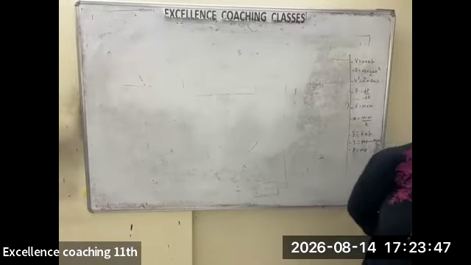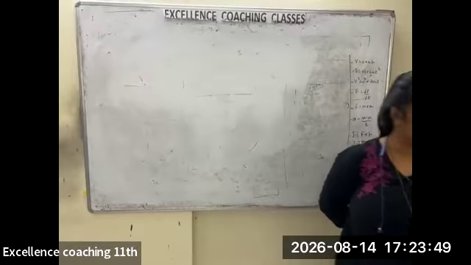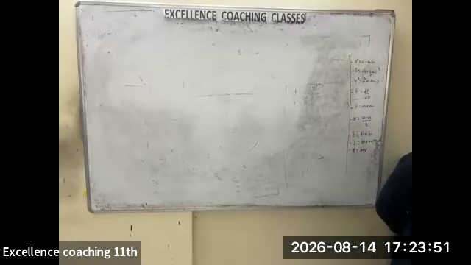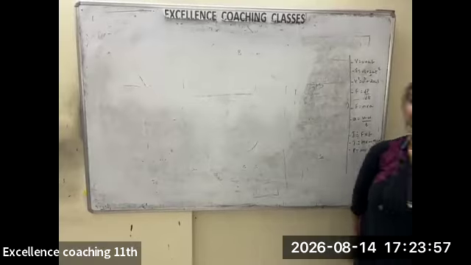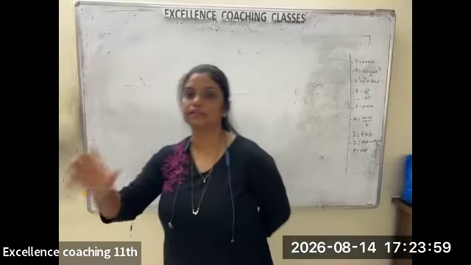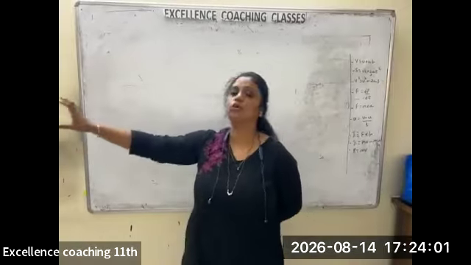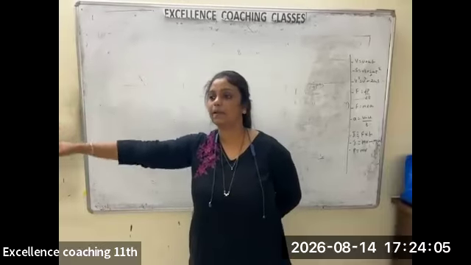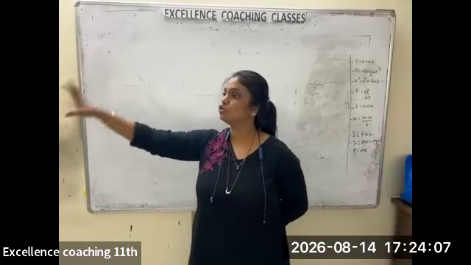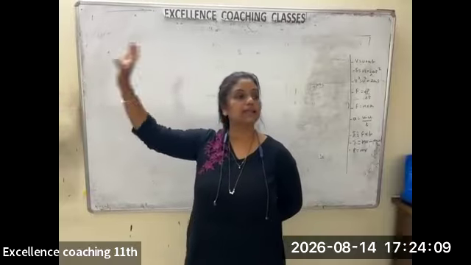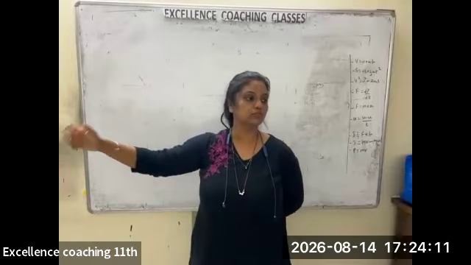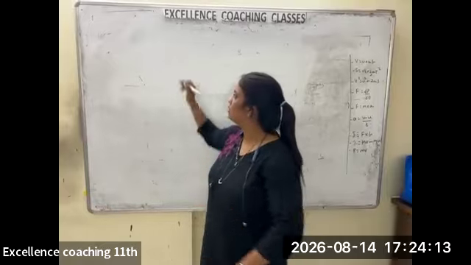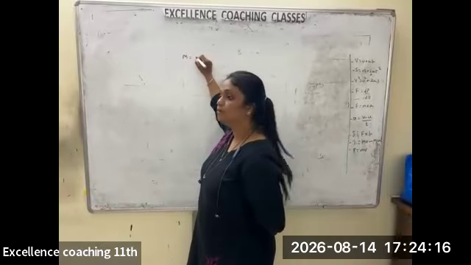A hammer of mass 1 kg moving with a speed of 6 meter per second strikes a wall and comes to rest in 0.1 second. So try to understand the concept first. There is a hammer which has been thrown towards a wall. It hits the wall and it comes to rest in so and so time. So what is given about the hammer?